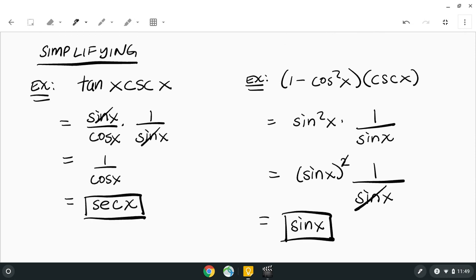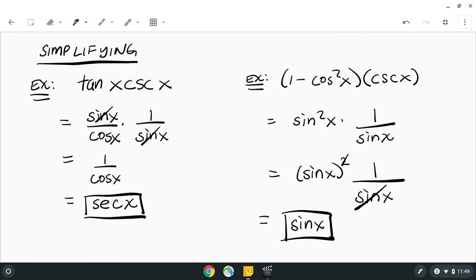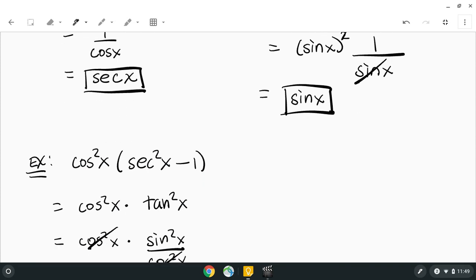Verifying: if I rewrote these as verifying problems, this first one would say verify that tangent x cosecant x equals secant x, and then you would just show your work. The second one would say verify 1 minus cosine squared x times cosecant x equals sine x, and you just show all the work in between.